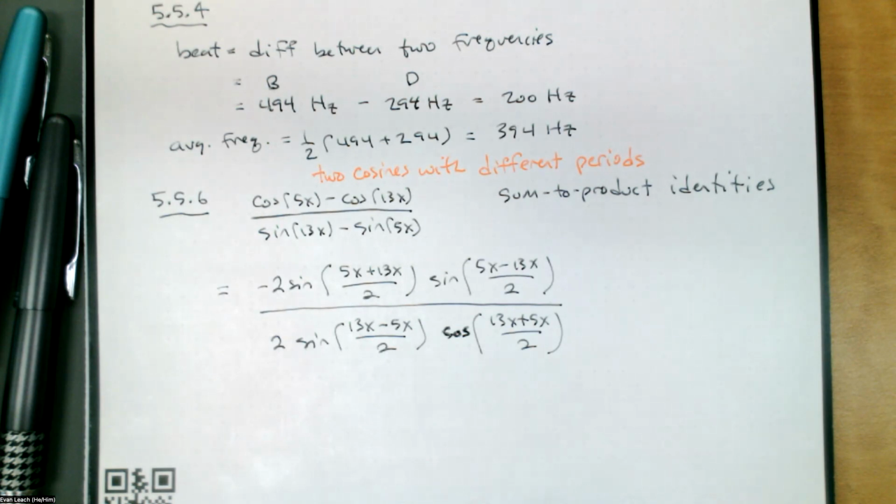This is because I can never remember the sum to product identity. So this is a big gap in the things that I can remember. I don't know if I'm ever going to be able to remember these.